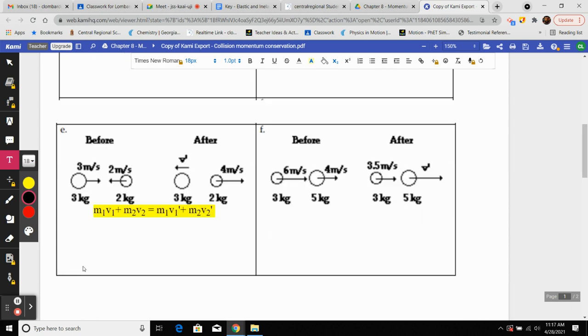So in letter E, what is M1? It's 3. What is the velocity of the first guy? It's 3. So we got 3 times 3. Plus, the mass is 2 times, what is the velocity? It says 2 meters per second, right? So am I just writing 2?